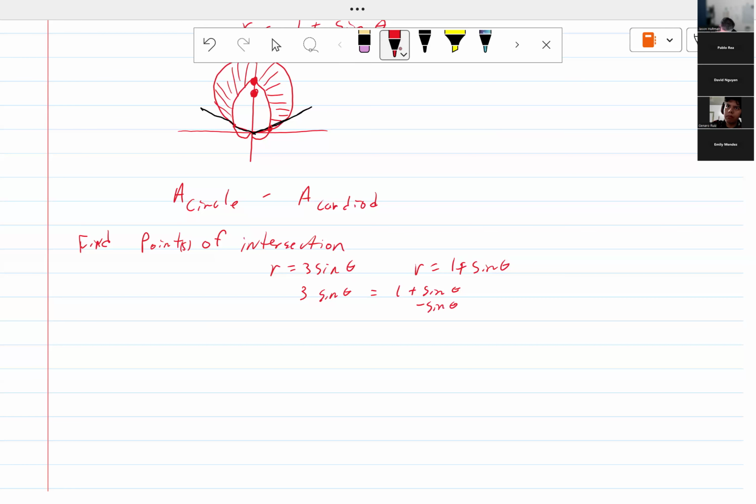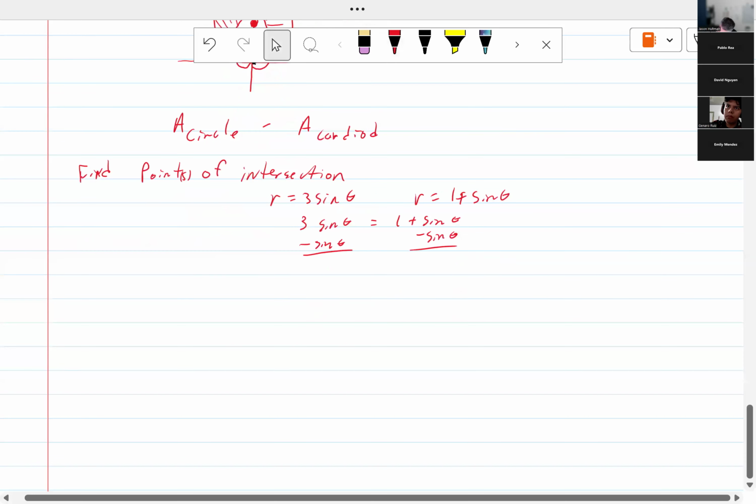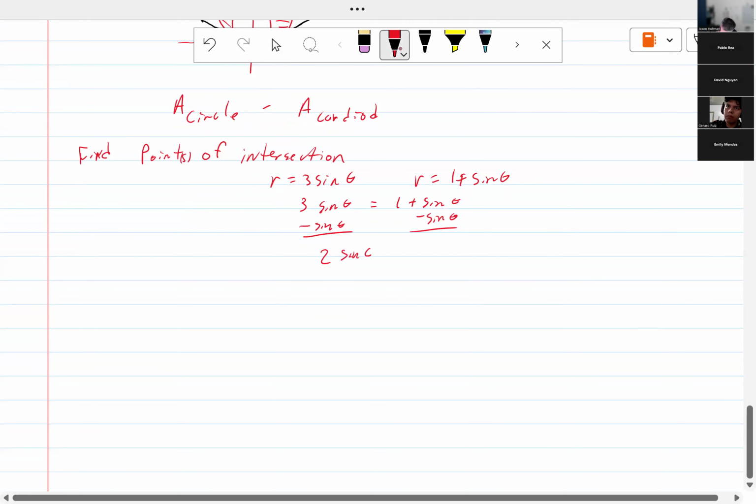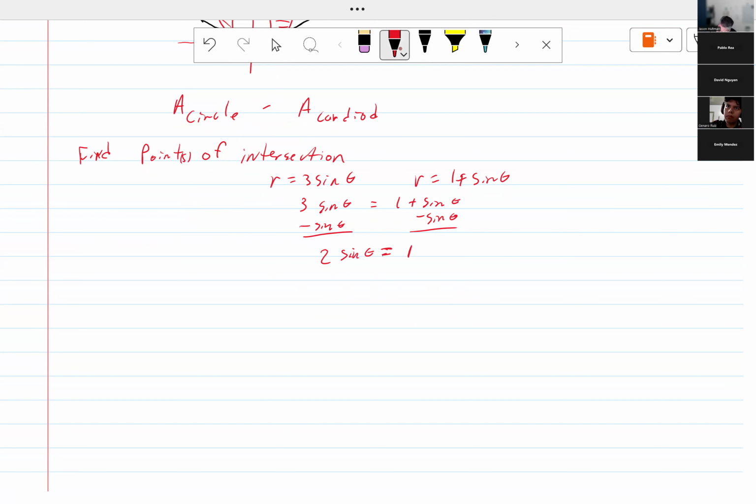Subtract off a sine theta. We get 2 sine theta is equal to 1. Divide by 2, and we want to know where sine theta equals 1/2. For theta equal to what? If we look at a unit circle, when is sine 1/2?